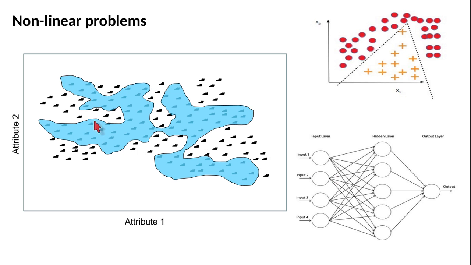Therefore, potentially any arbitrary surface can be represented by a 3-layer neural network, where the hidden layer has a large number of nodes. In the case of a 2-class problem, you would have only one node in the output. In the case of a multi-class problem, let's say a 3 or a 4-class problem, you would have 3 or 4 nodes in the output.